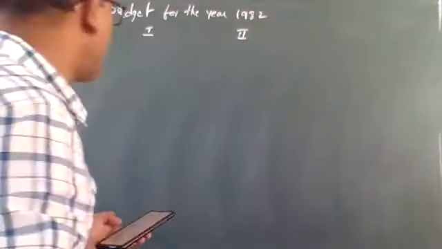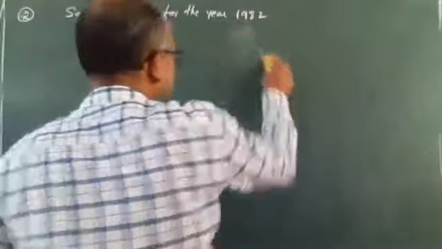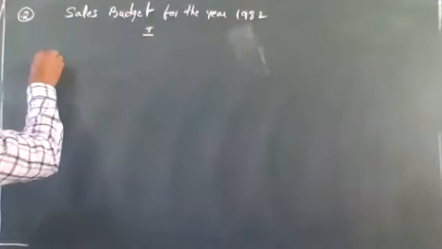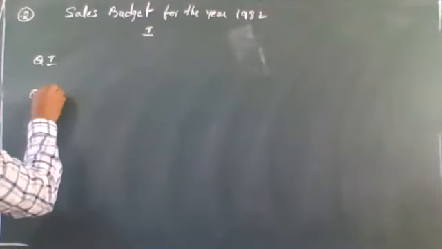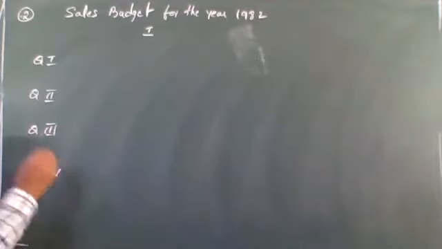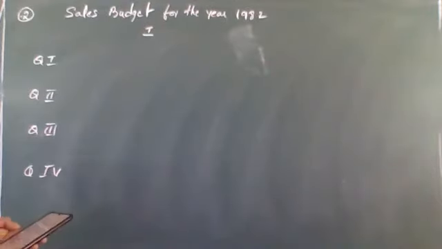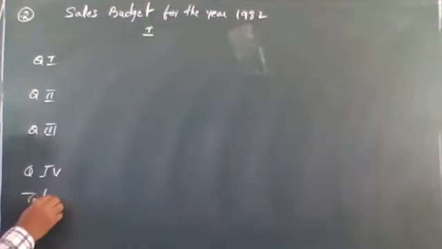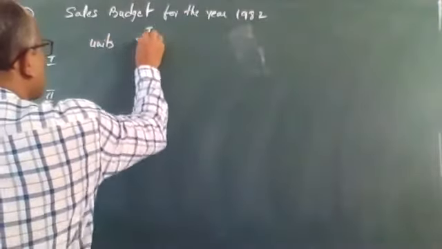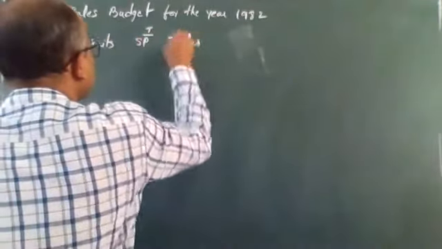As you know, for each product, you have to write the sales units, the selling price. So this is quarter 1, quarter 2, quarter 3, quarter 4. All right. And total, we can have it over here. Now, you will be writing units, that is the quantity, number of units sold, the selling price, and the sales.